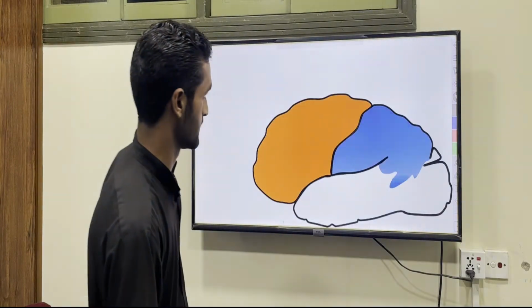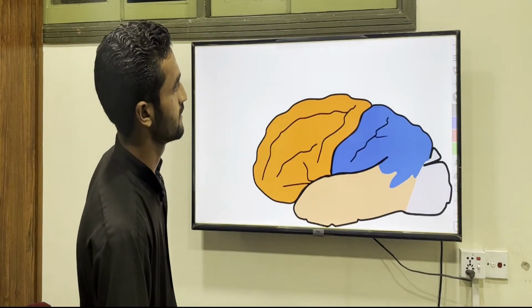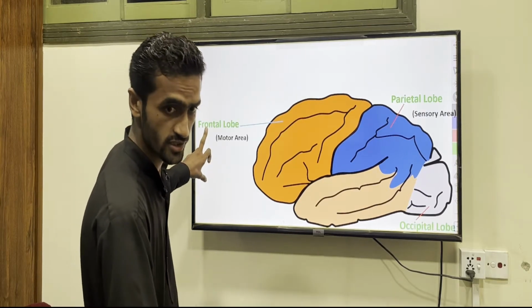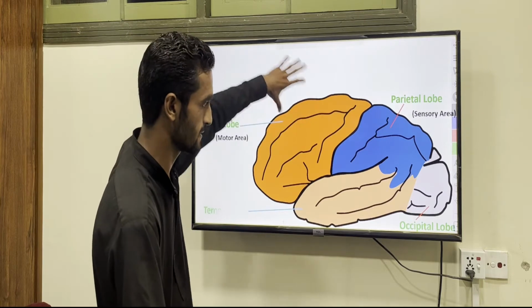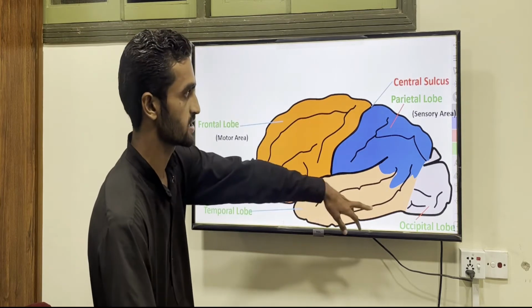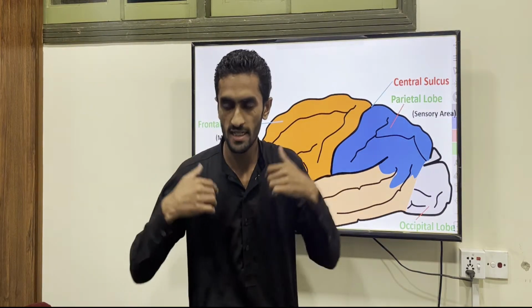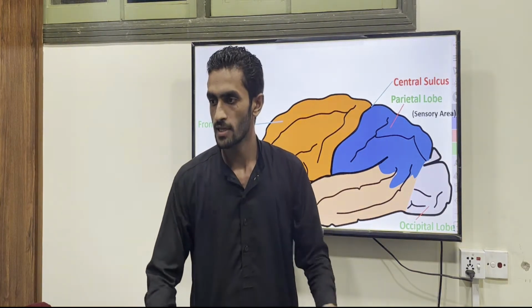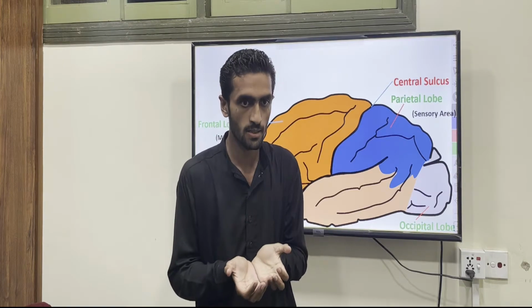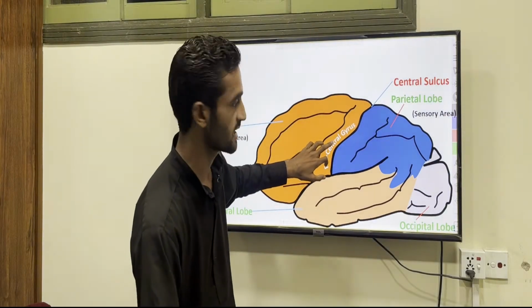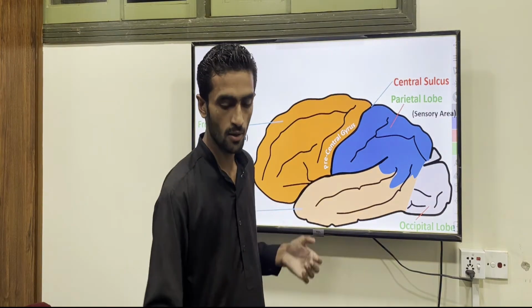Let's see what is happening. This is the frontal lobe, which is associated with motor, and parietal is sensory. If this is central, something in front we call pre, so pre-central gyrus, and something behind is called post-central.